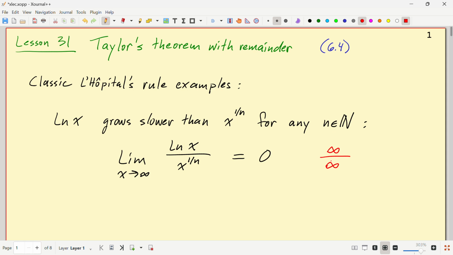And a similar fact that you learned in freshman calculus is that e to the x grows faster. So this one's slower, this one's faster than x to the n for any natural number n.